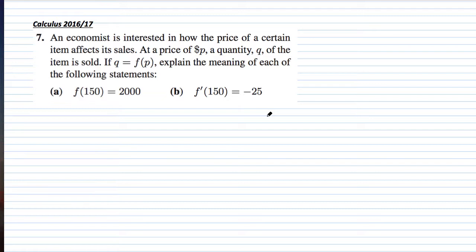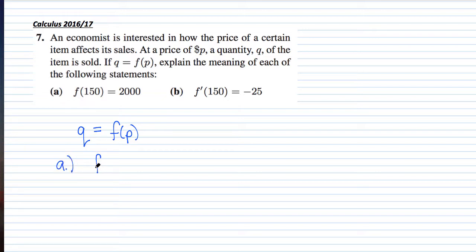So question 7 is similar to our last two questions, just another way to interpret our statements in terms of functions. So we're back to our economy, where we have a price, which is in dollars, P here, and a quantity, Q. So Q is a function of price. Quantity is a function of price.